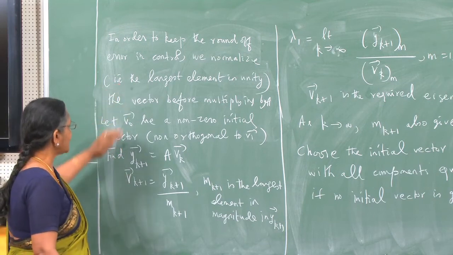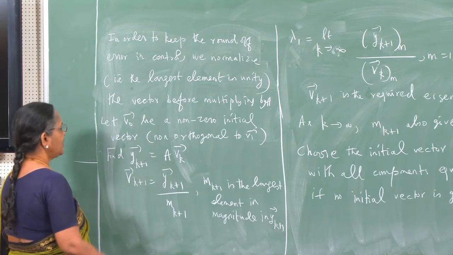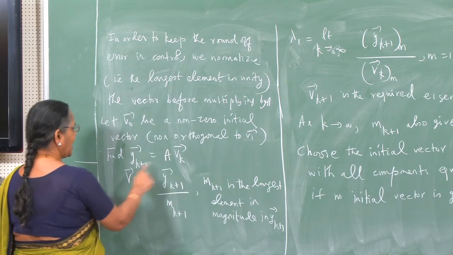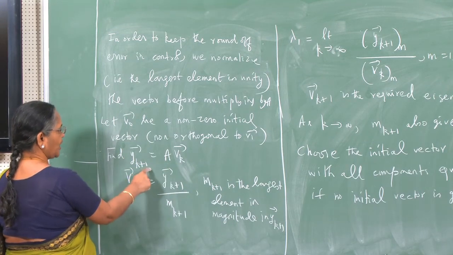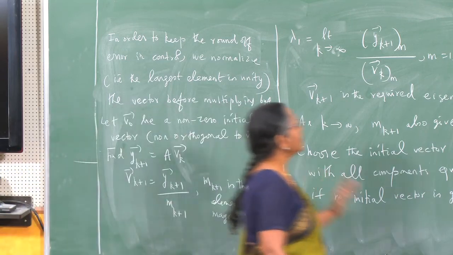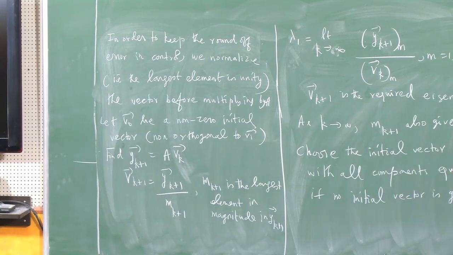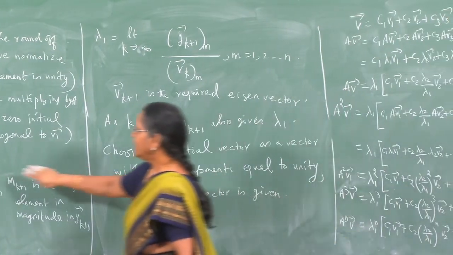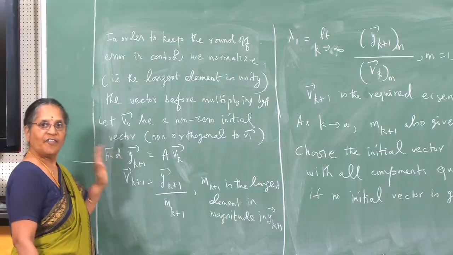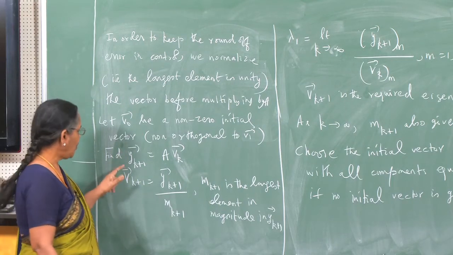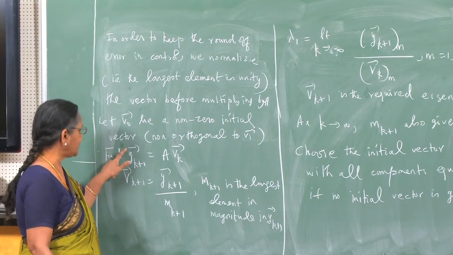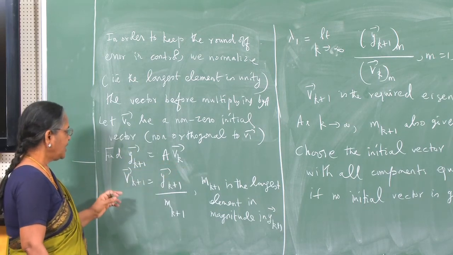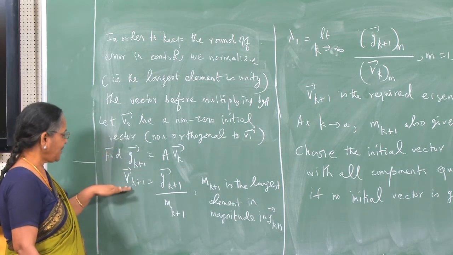So, we do this as follows. We take A v k and call it y k plus 1. We start with a vector v, so A v is obtained, and that is what is mentioned here. Find at each step what y k plus 1 is. So, y k plus 1 will be A v k. And now, what is v k plus 1?